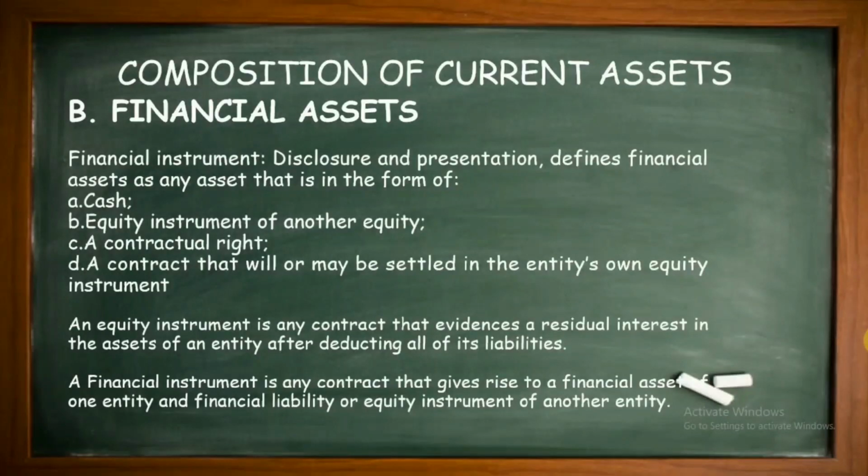Letter C is contractual right to receive cash or other financial asset from another entity. Letter D is a contract that will or may be settled in the entity's own equity instruments. An equity instrument is any contract that evidences a residual interest in the assets of an entity after deducting all the liabilities.